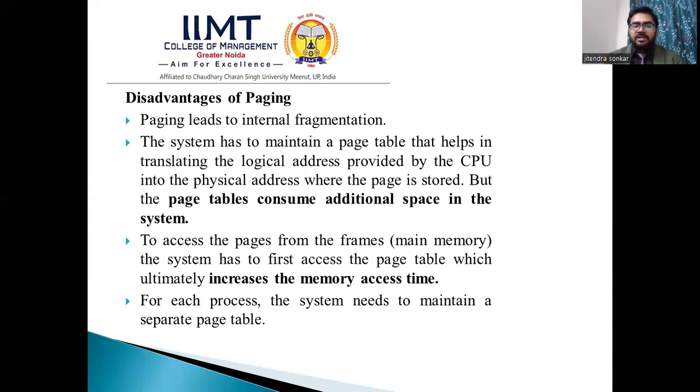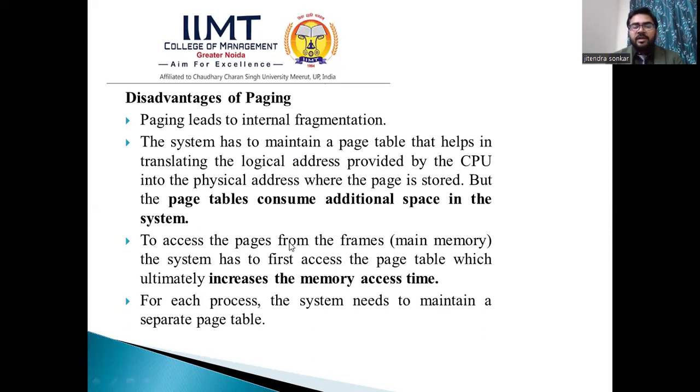But the page table consumes additional space in the system. This is a drawback of paging. To access a page from the frames, that is the main memory, the system has to first access the page table, which ultimately increases the memory access time. For each process, the system needs to maintain a separate page table.